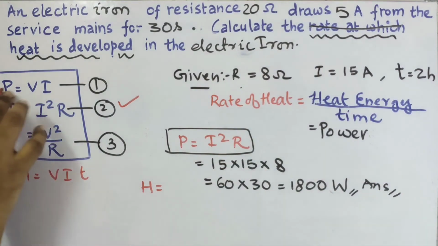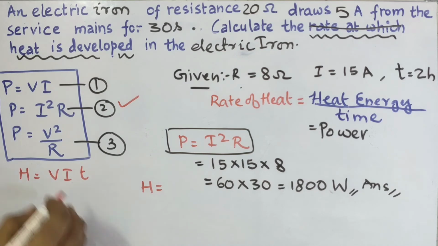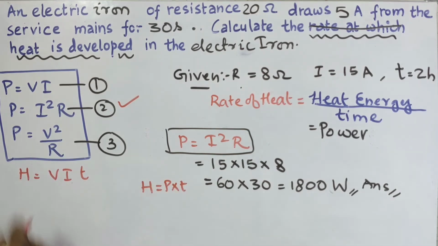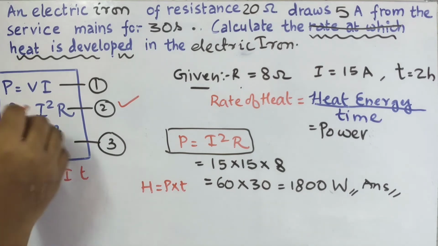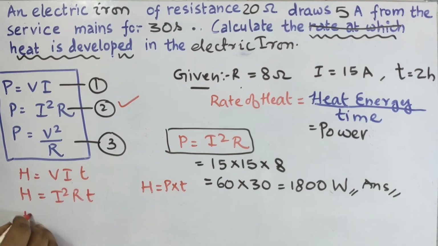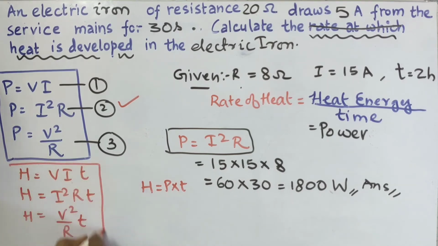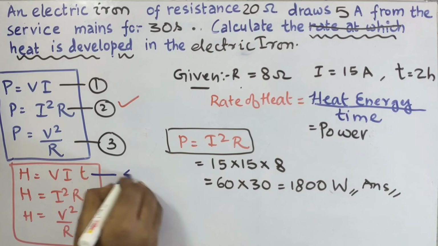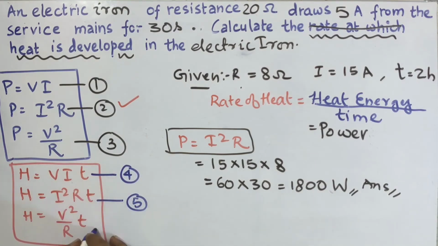So whatever the power formula is, we have to multiply with T. I square R into T. H V square by R into T. So these are the next set of equations for solving our problem. So let me also put the equations there. Let me call these equation 4, 5, 6, and it would be easy for you to guess which formula we have to use.